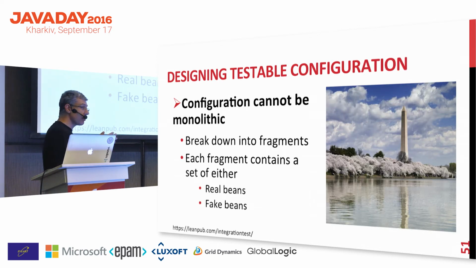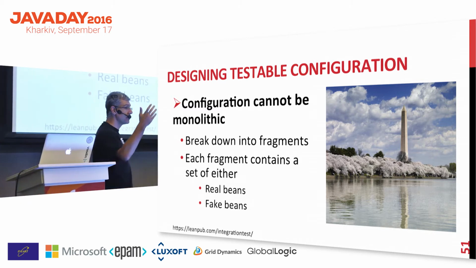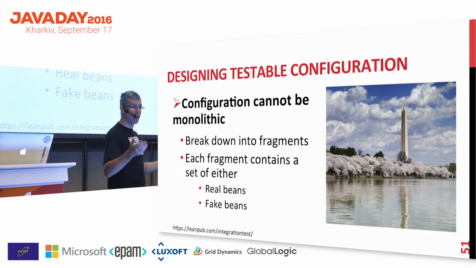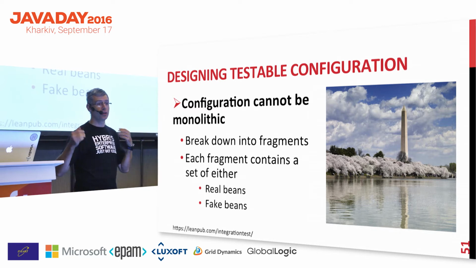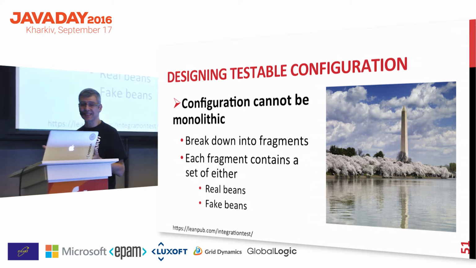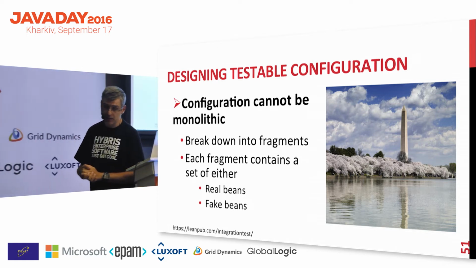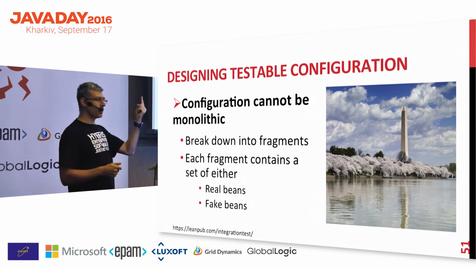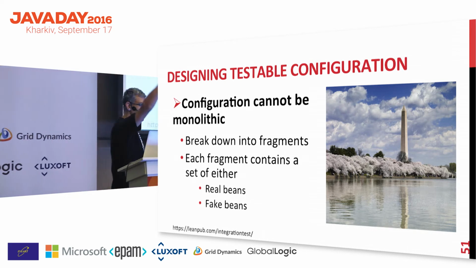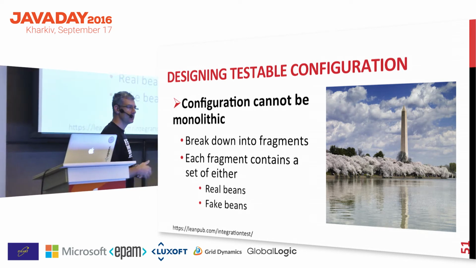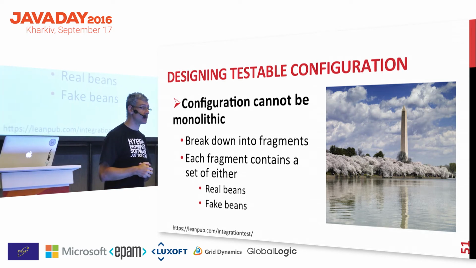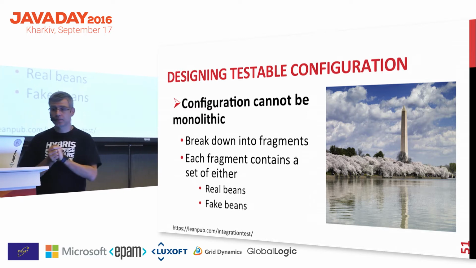You cannot test configuration like that. You have to provide a configuration that is testable. I've seen so many times a Spring application with a 2,000-line XML file, very, very hard to test.